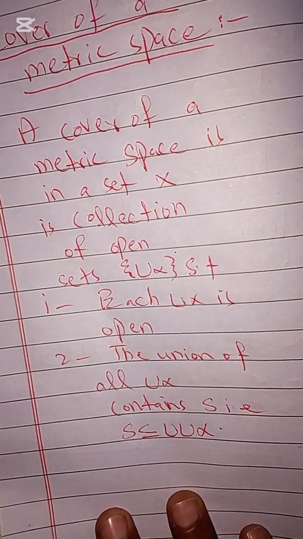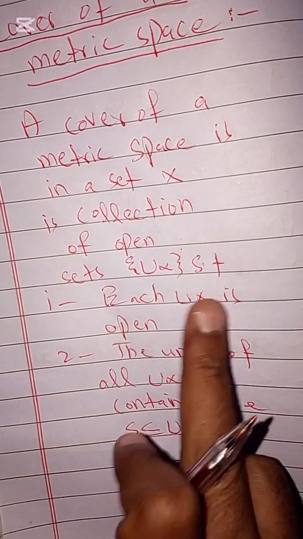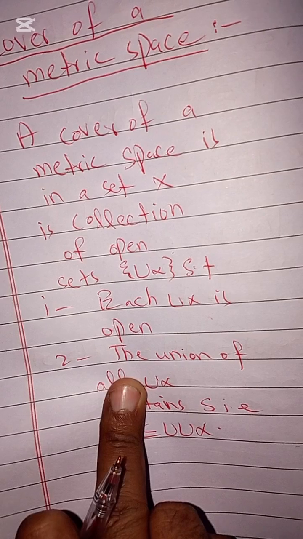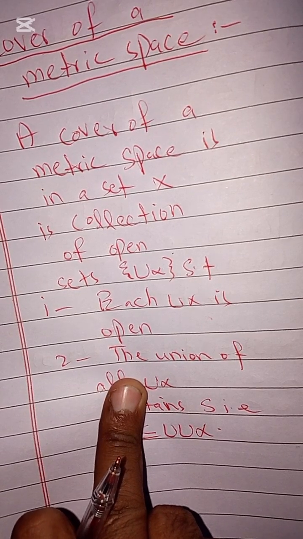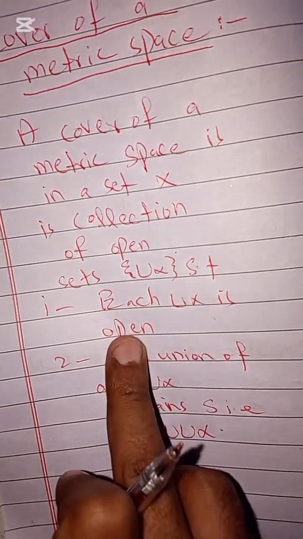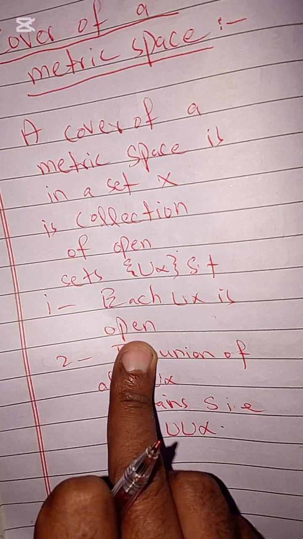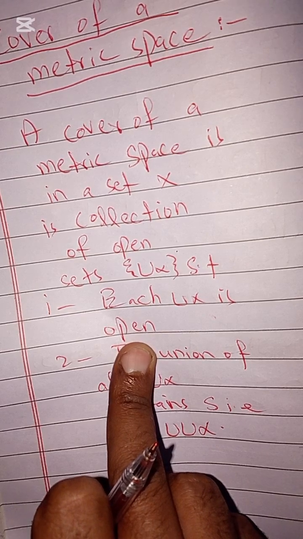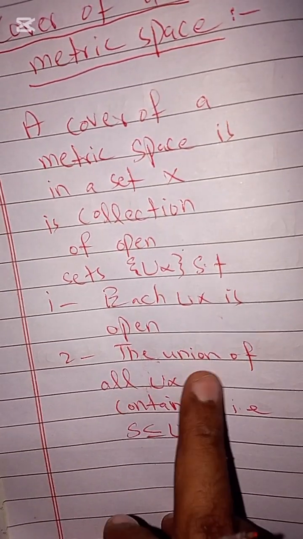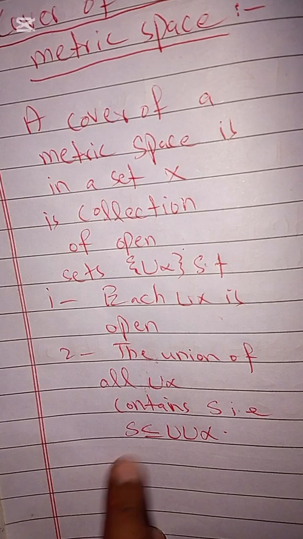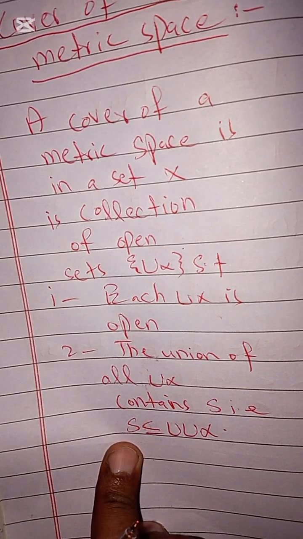It means that each U alpha is an open set, these open sets are contained in X, and the union of these open sets is a superset of the set S.